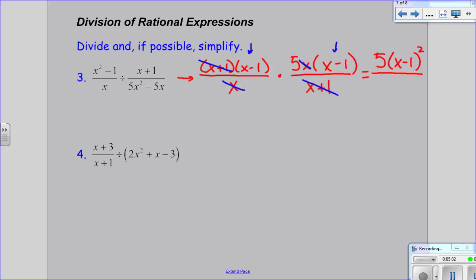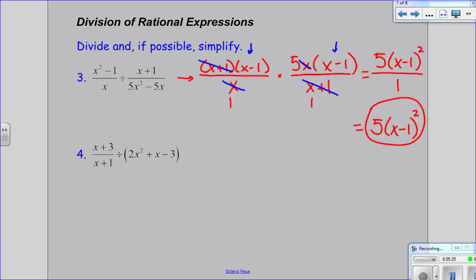And in the denominator, when I cancel these, I'm just left with 1. So instead of writing this over 1, let's simplify it a bit more. Call it 5 times x minus 1 squared. And that is my simplified expression. And let's do our last example here.